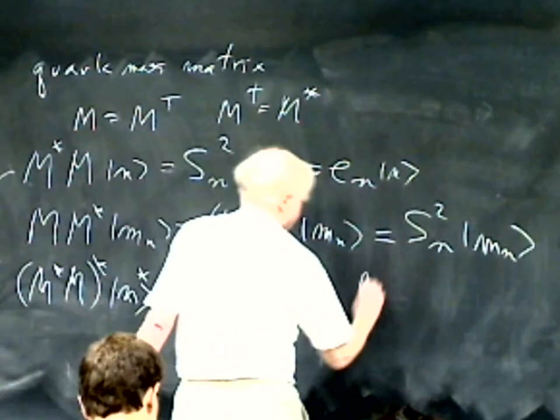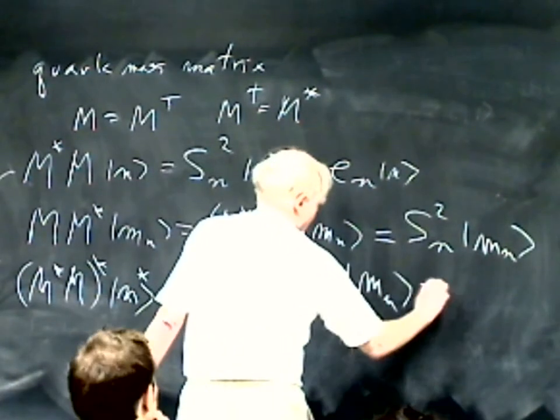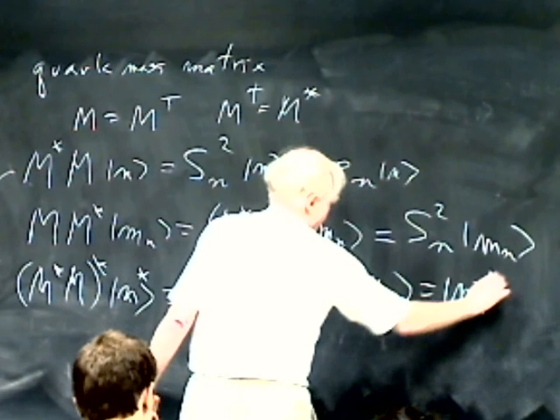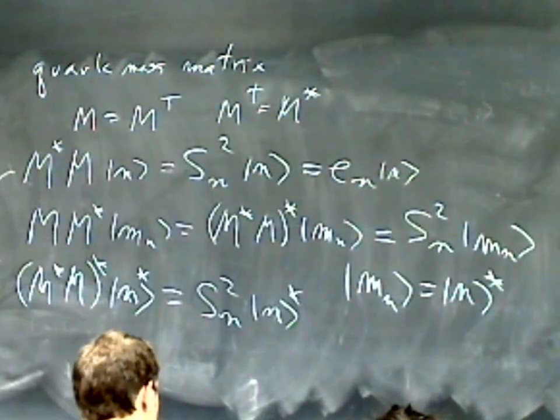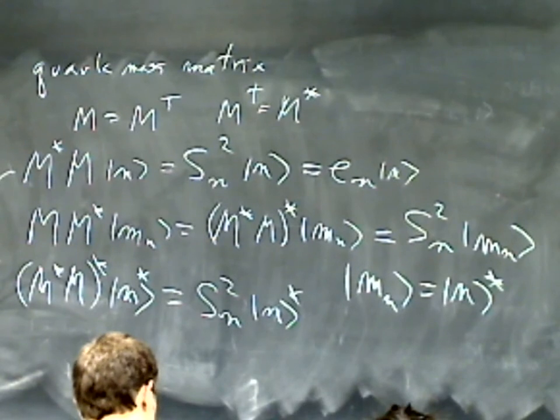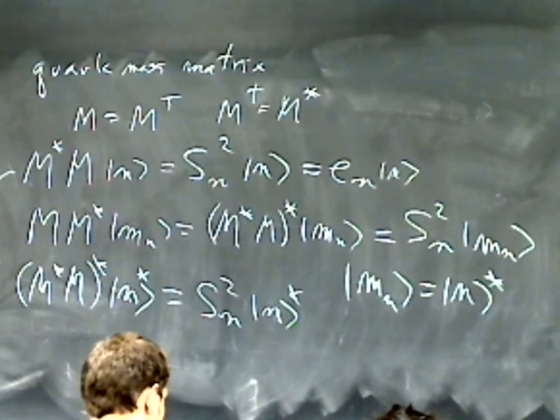So we can set the vector m sub n equal to the vector n star. So the left singular vectors are the complex conjugates of the right singular vectors.